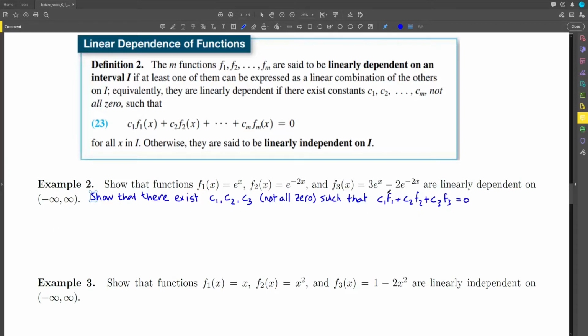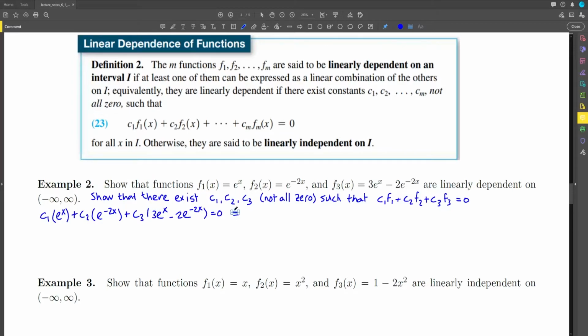So in our case, we want to show that C1 times F1, which is e to the power x, plus C2 times e to the power negative 2x, plus C3 times 3 times e to the power x minus 2e to the power negative 2x equals 0.